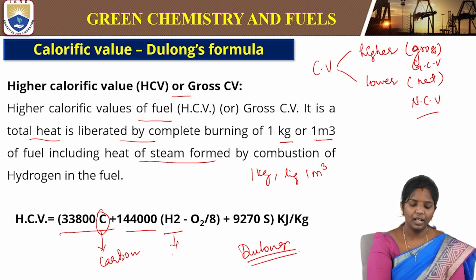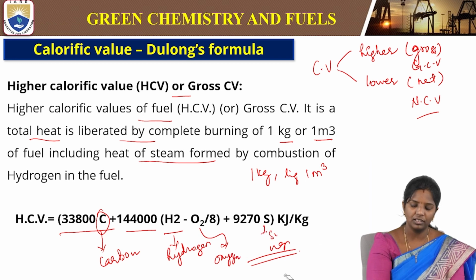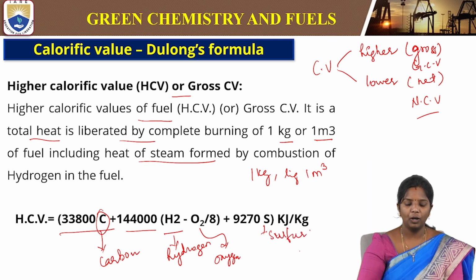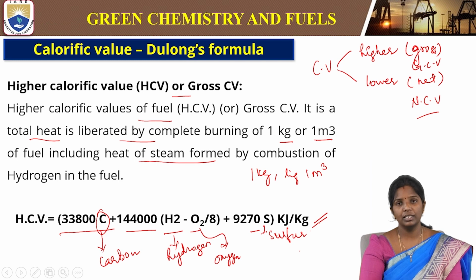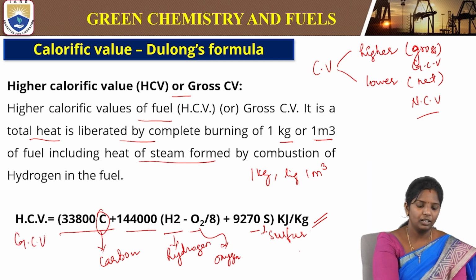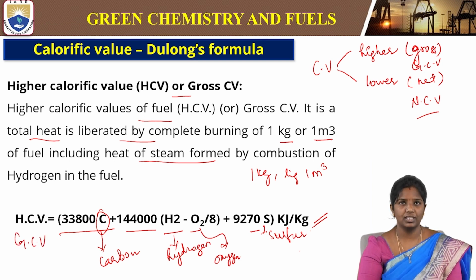The oxygen comes from the air. This is the formula we will be using for the HCV or GCV, gross calorific value, calculations.